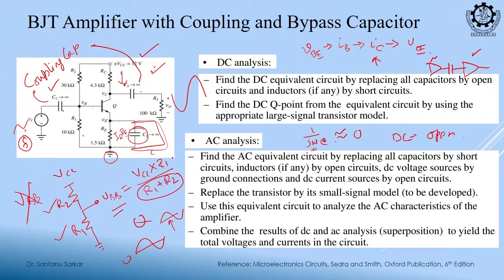So, this cap is known as the bypass capacitor. This capacitor is known as the coupling capacitor, but this capacitor is known as the bypass capacitor. So, you just remember this term, or emitter capacitance. Sometimes it is connected with the emitter junction, no? Emitter capacitance or bypass capacitor.